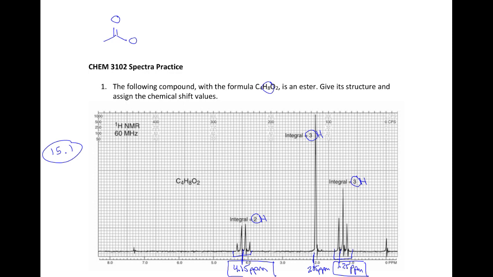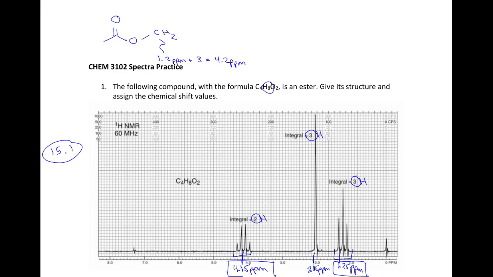If you were to have a CH2 group next to this oxygen, a methylene normally has a chemical shift of about 1.2 parts per million. But if we add 3 to that, because it's next to the oxygen of an ester, we would end up with about 4.2 parts per million.